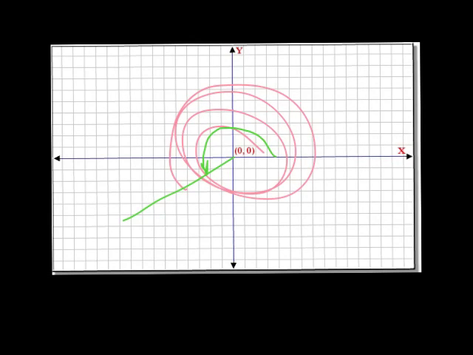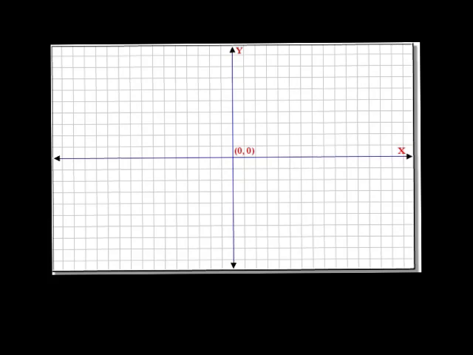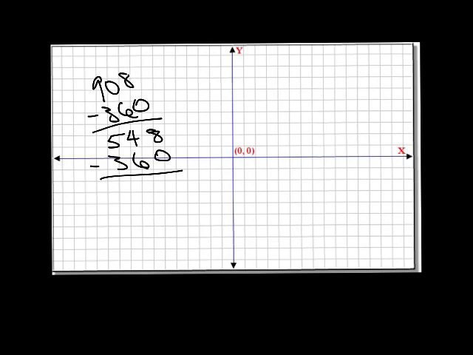All right, so how do I do that? Well, it's pretty simple. All I actually have to do is take the 908 and subtract 360. That's 548. And then I'm going to take 360 away from that.